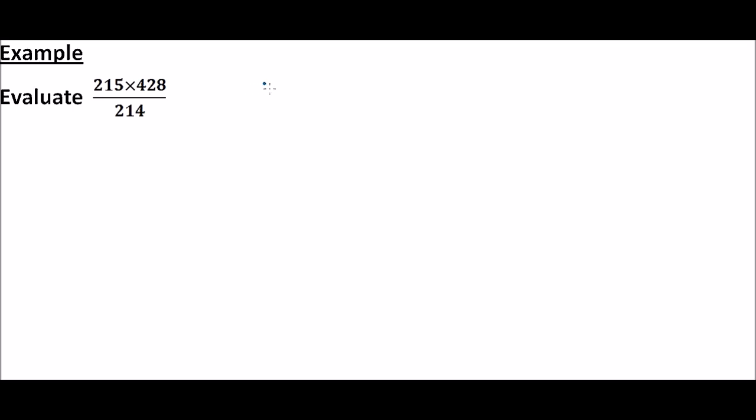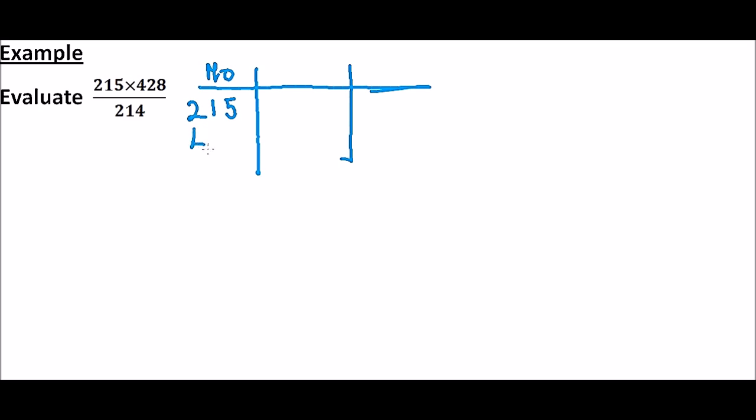215 multiplied by 428 divided by 214. So we are going to make our table. So this is the number column. So our numbers are 215, 428.